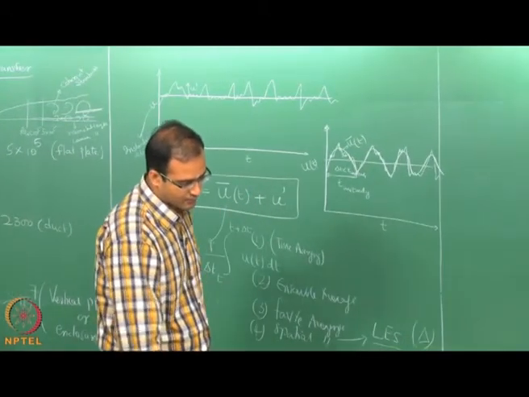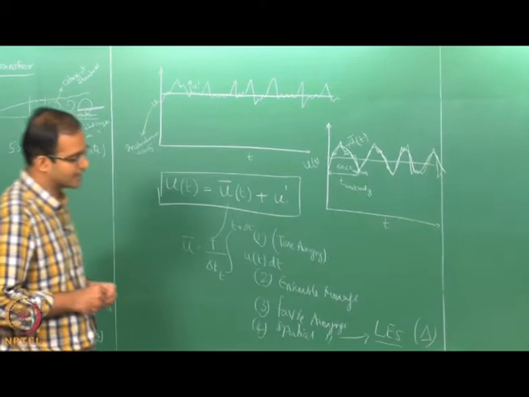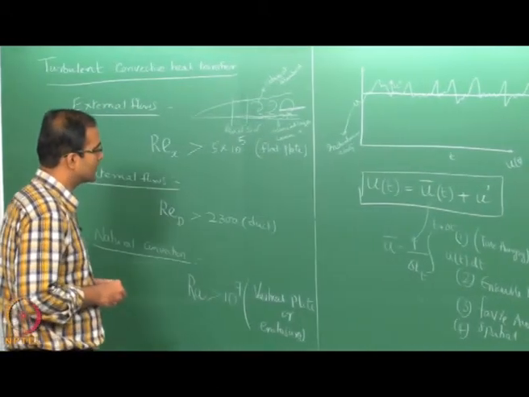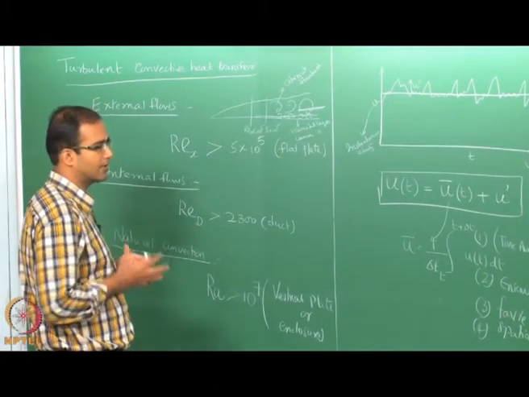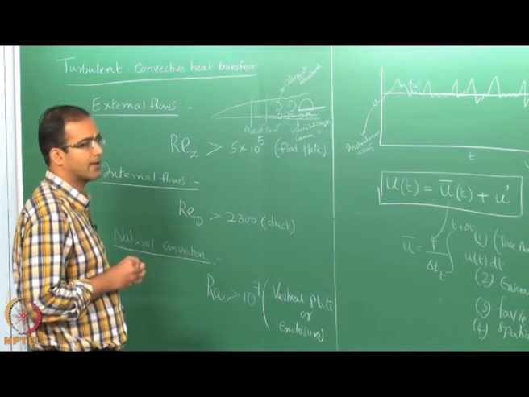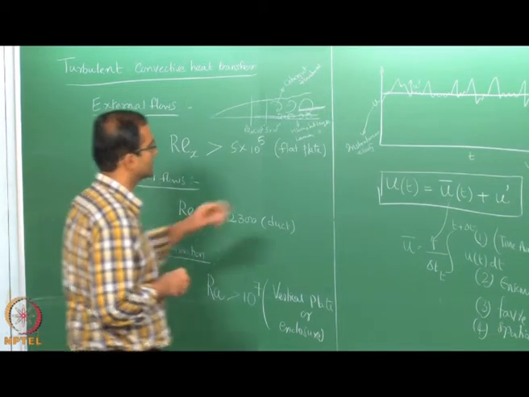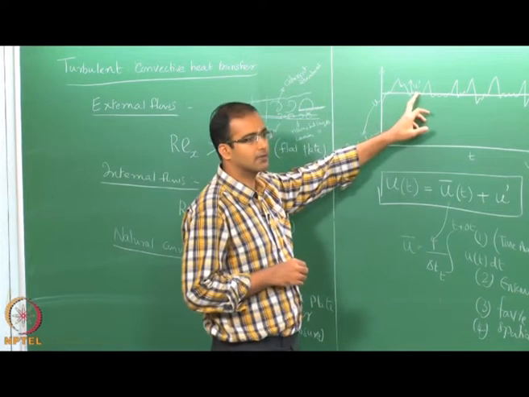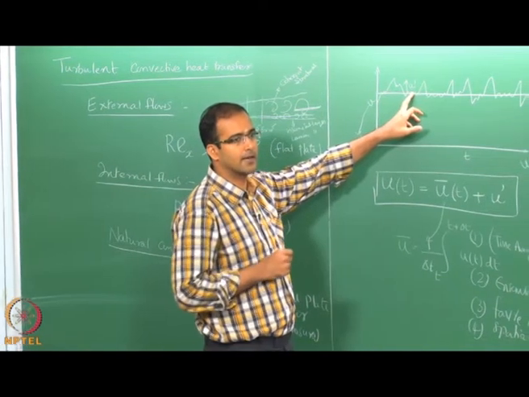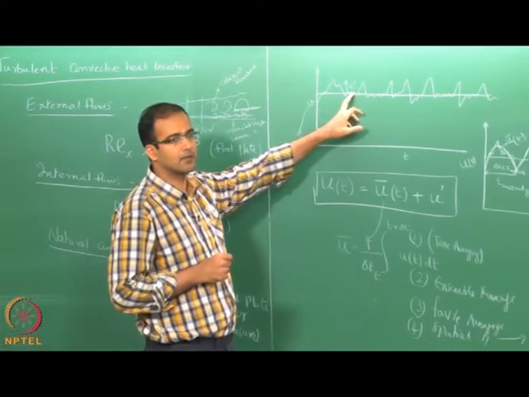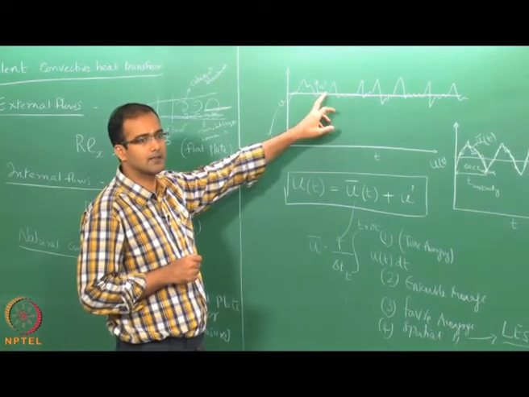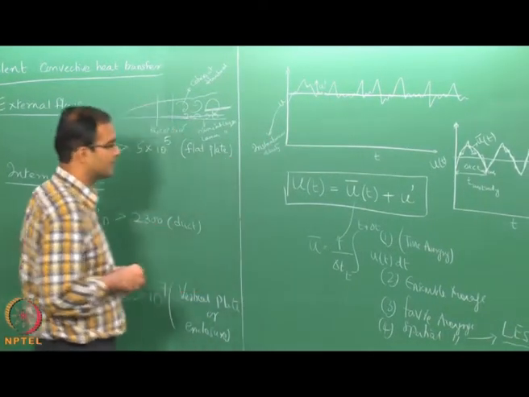So, if you do the averaging, how should you model or capture all these scales? As you can see, these fluctuations are a result of the small eddies. The time scale of these eddies results in these fluctuations. So, how do you really resolve this?